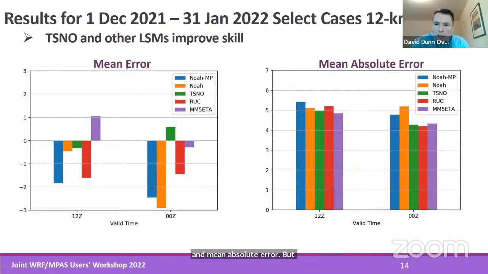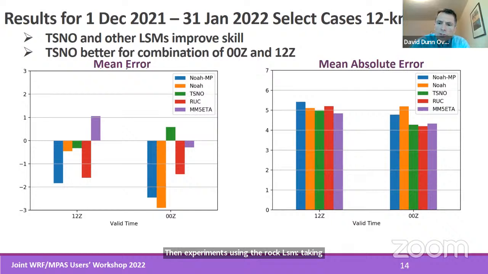But again, T-SNOW, which uses NOAA MP, has the best bias or mean error and is just slightly less skillful in mean absolute error than experiments using the RUC LSM. Taking 0Z and 12Z in combination though, T-SNOW is the top WRF performer and is even on par with that venerable old MM5 Eta.